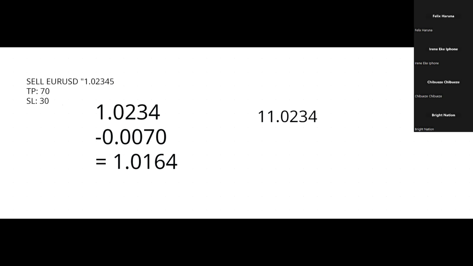Okay, so right now we're going to be calculating our stop loss. Our stop loss will now be plus 0.0030.